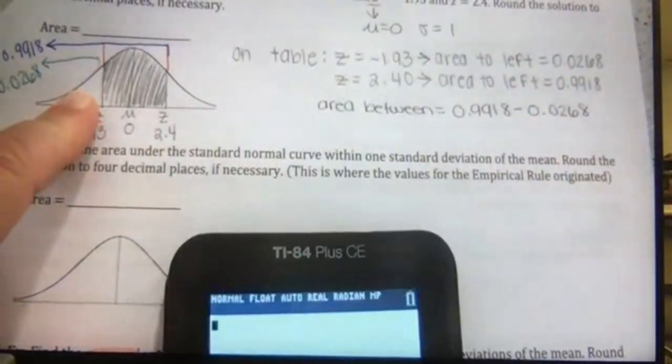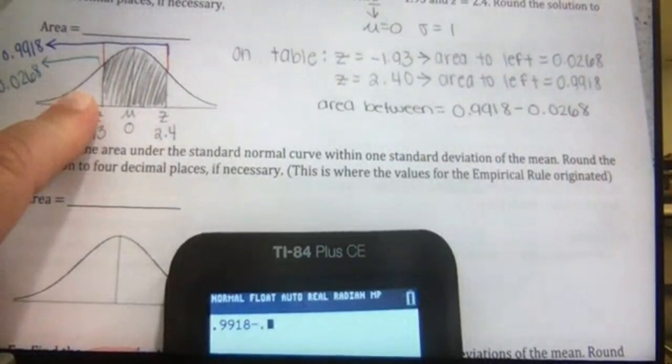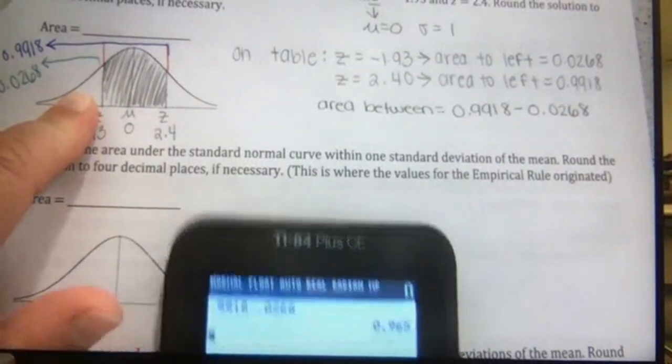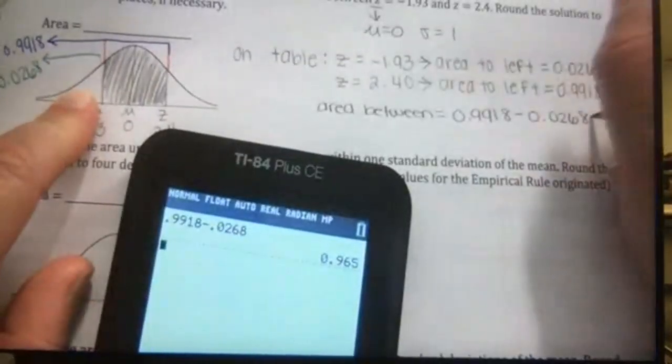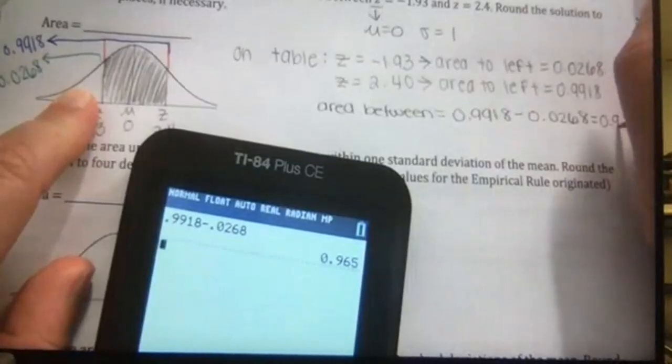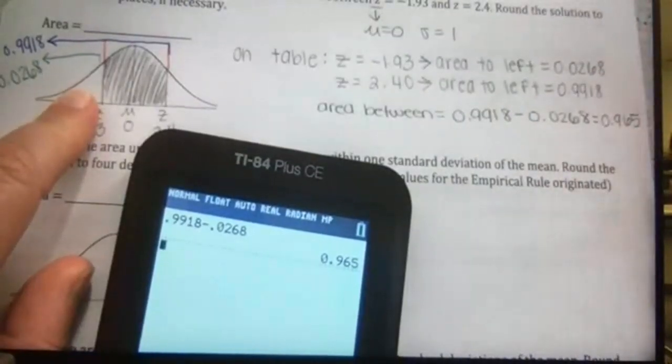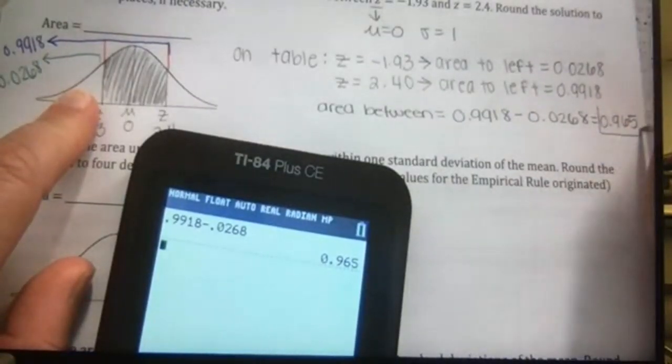Subtracting those two, 0.9918 minus 0.0268, gives us our answer of 0.965.